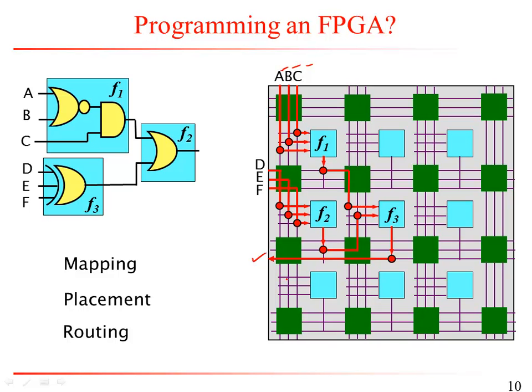So far I haven't shown you any flip-flops or registers, but you can imagine that inside those F1s, F2s, F3s could be flip-flops that you may or may not bypass, and that way you can implement things like pipelining and sequential logic. Okay, so this is the basic method by which you program an FPGA in this vanilla version.